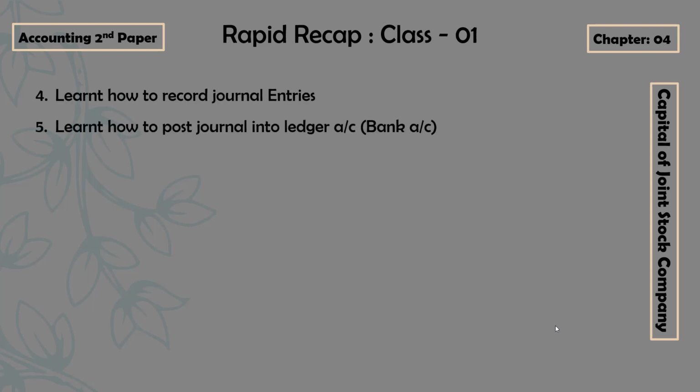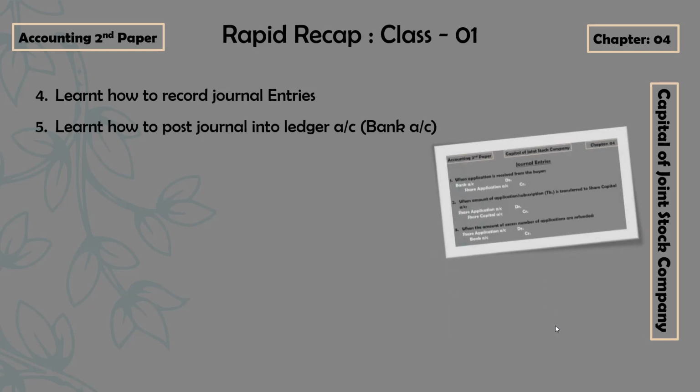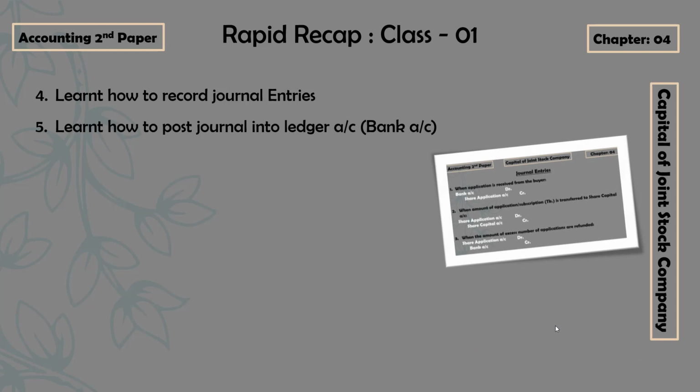Next we learned how to record journal entries and how to post those entries into the ledger account, that is the bank account, and this is a snap of the journal entries we learned in class 1.